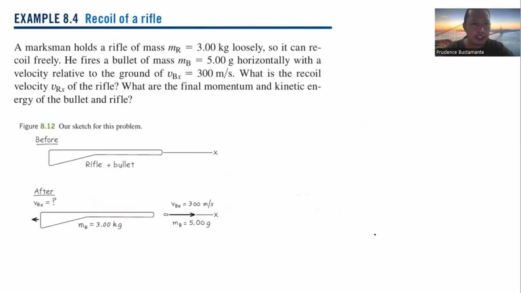He fires a bullet of mass 5 grams horizontally with a velocity relative to the ground of VBX equal to 300 meters per second. What is the recoil velocity of the rifle? What are the final momentum and the kinetic energy of the bullet and of the rifle?